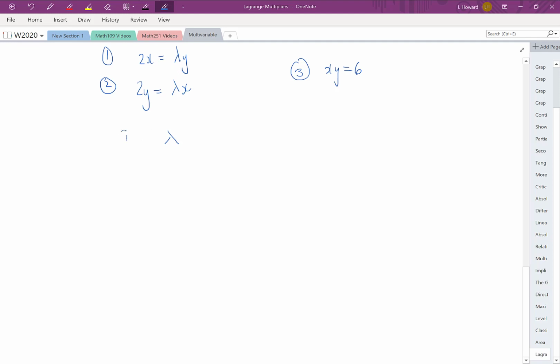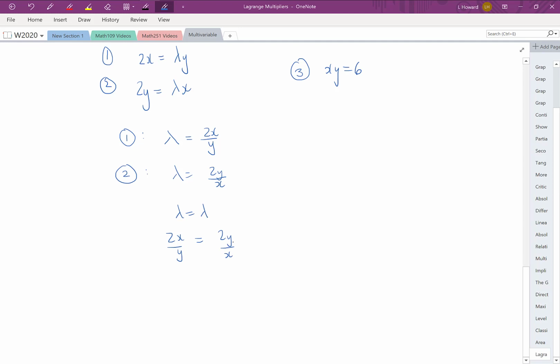So from equation 1, let's solve for lambda: lambda equals 2x over y. And from equation 2, let's also solve for lambda: lambda would be 2y over x. Okay, so now we can say lambda equals lambda. So 2x over y must be equal to 2y over x.